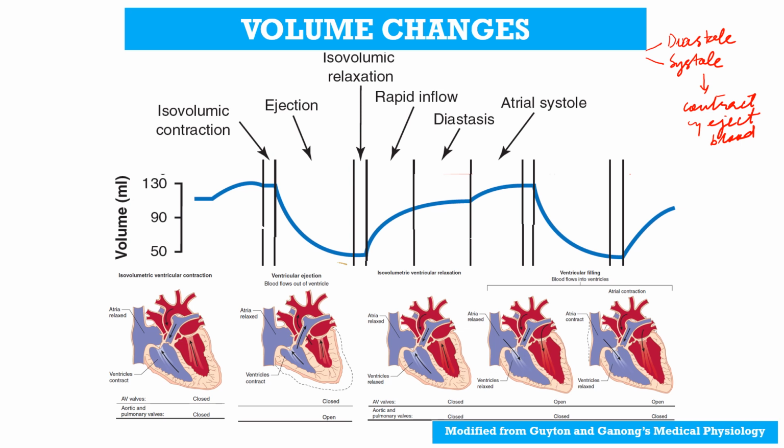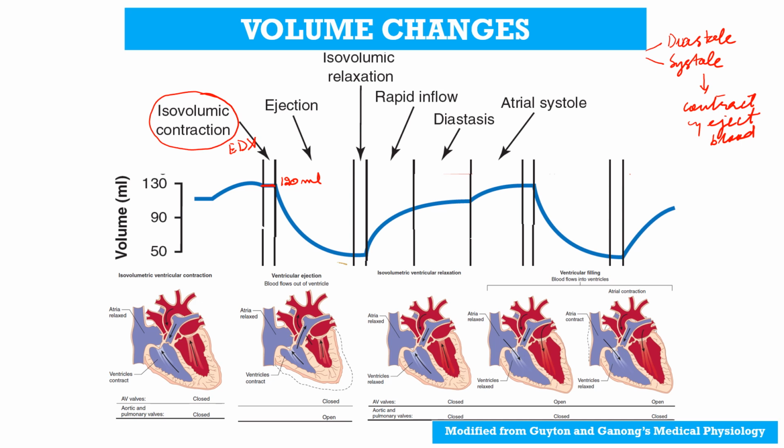With the beginning of ventricular systole, that is isovolumic contraction, the left ventricle is full of blood, which is called end diastolic volume. And it is about 120 milliliters.